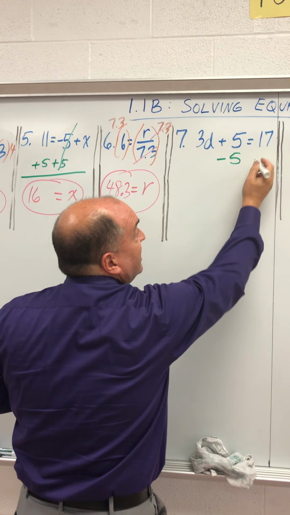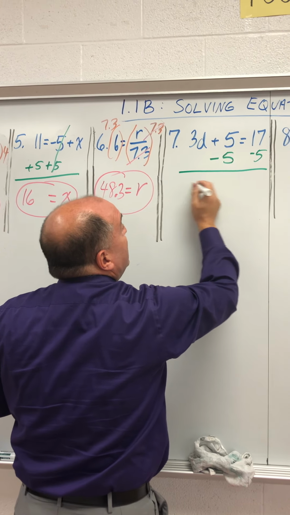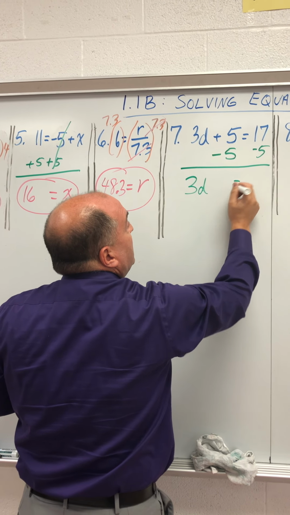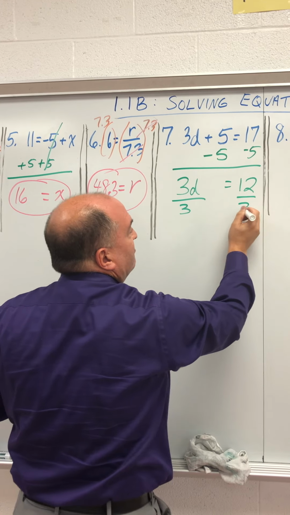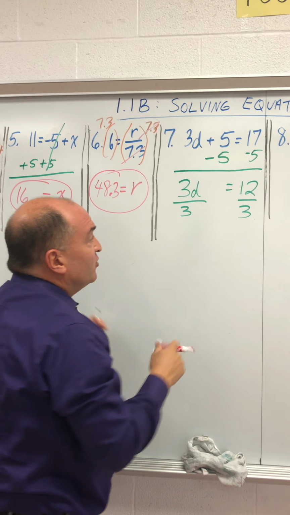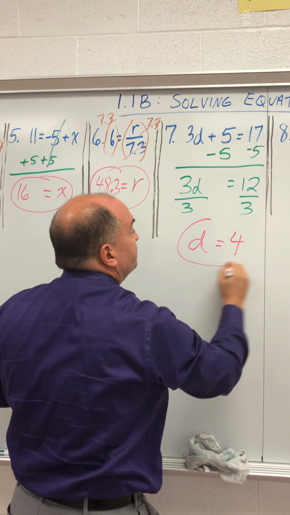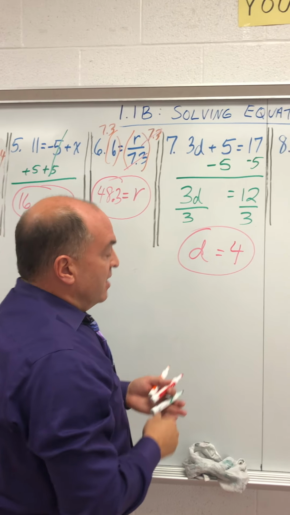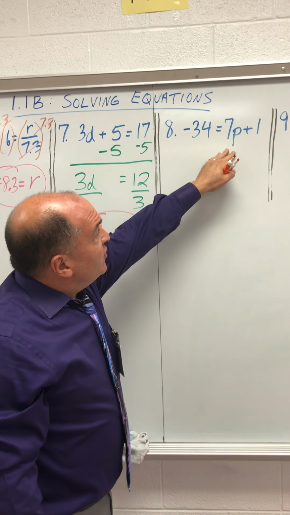Whatever you do to one side, you got to do the other. Now I have 3D equals 12. Now I divide by the 3. Much easier. 12 divided by 3 is 4.